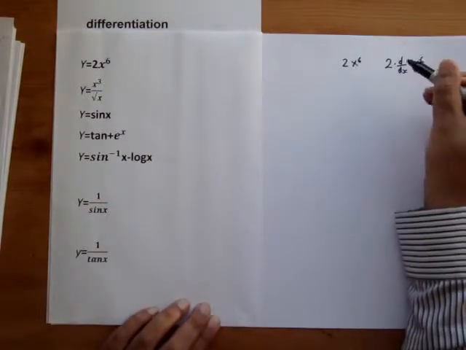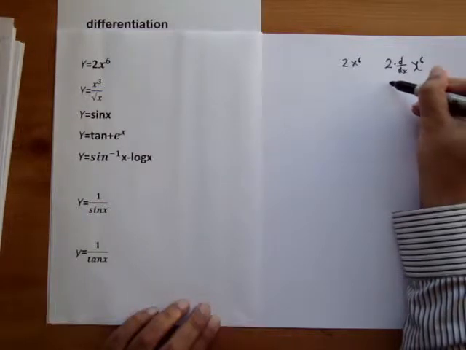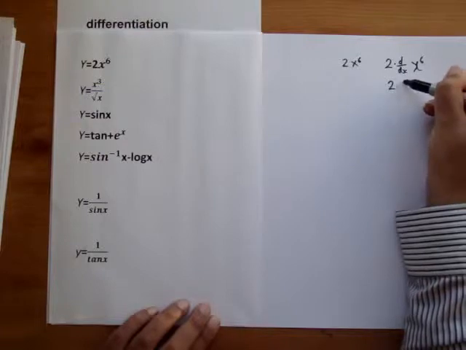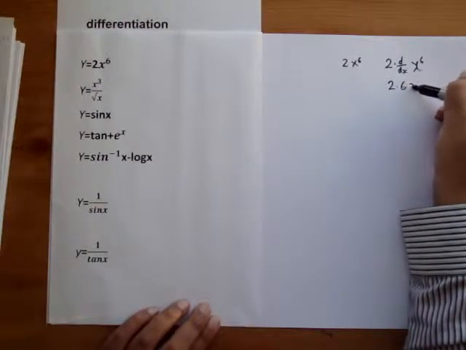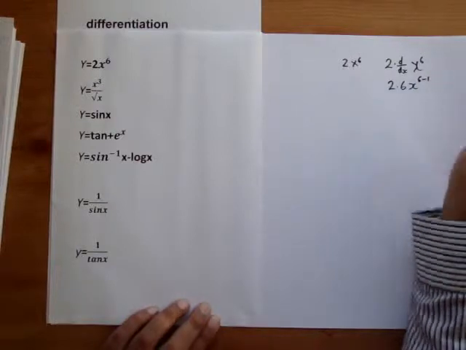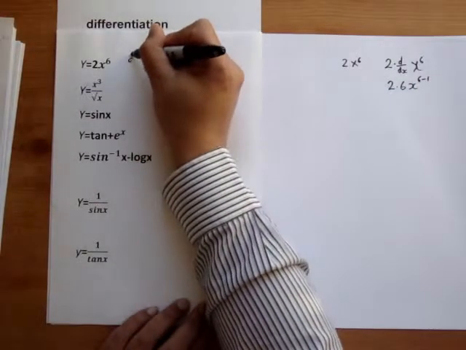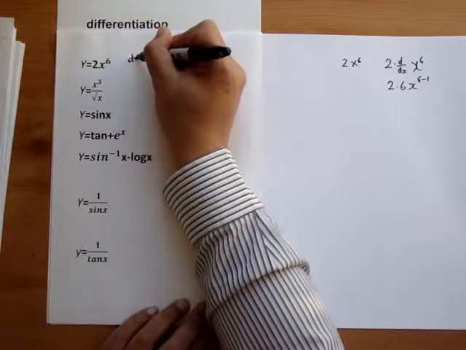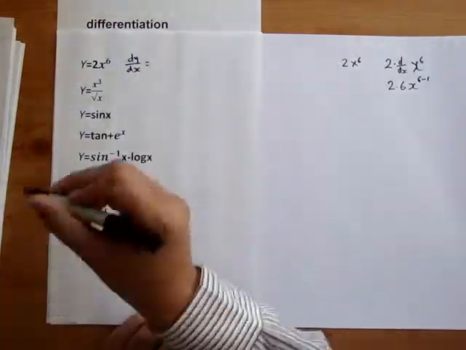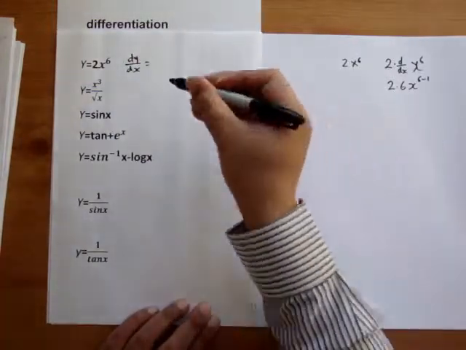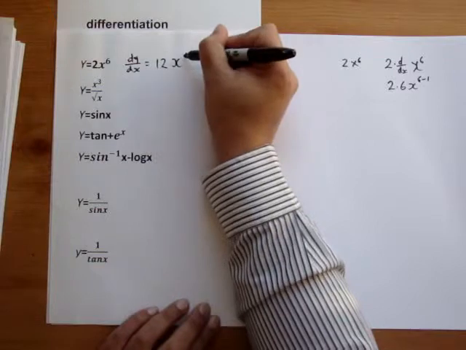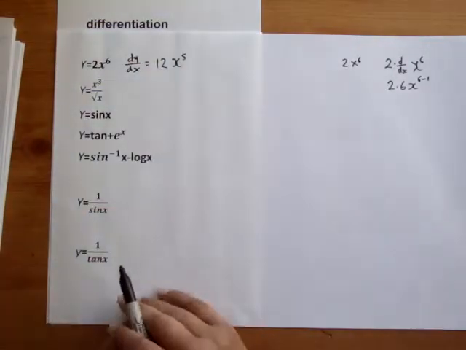So this becomes 2 times, bring the power down, 6 x to the 6 minus 1. So this is dy by dx equals 2 times 6 is 12, 12 x to the power 5.